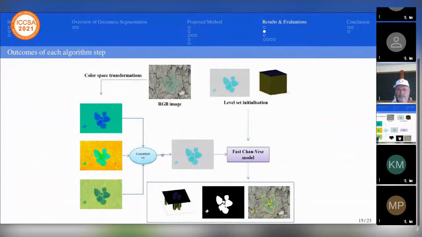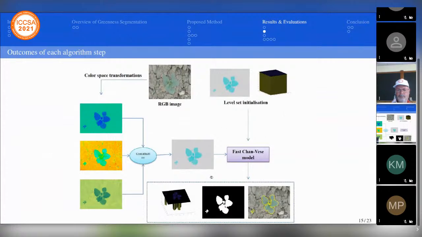We initialize the level set as a binary function, minus 1 inside the curve and plus 1 outside.